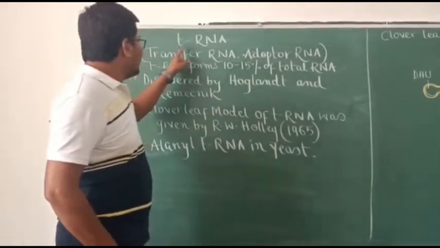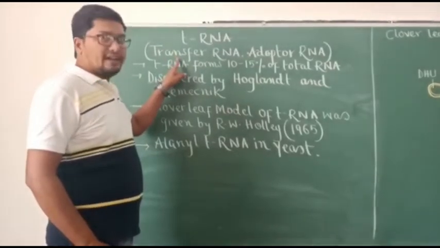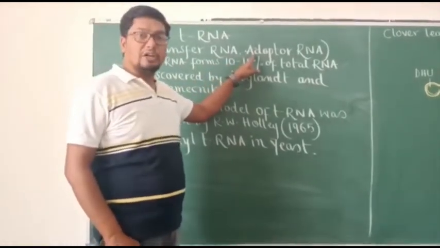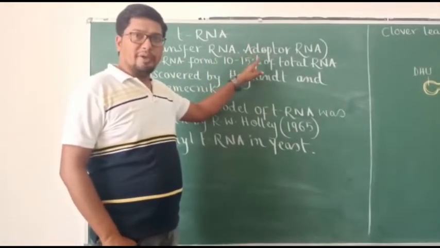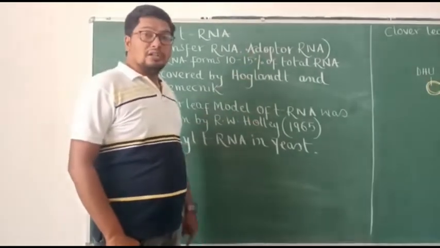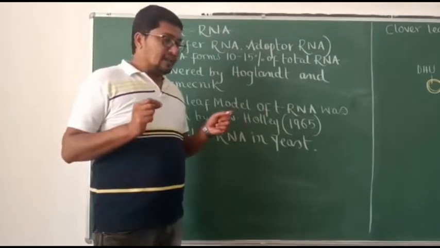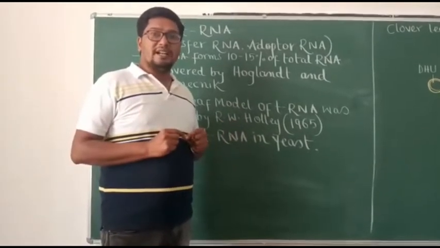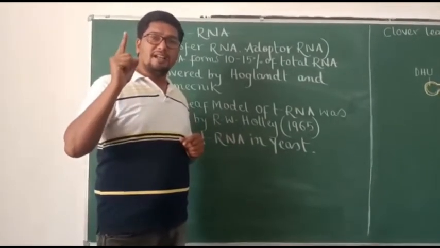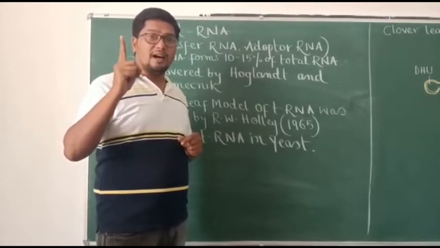So tRNA, T stands for transfer RNA. It is also called adapter RNA, and if you remember, it is also called soluble RNA. In previous class we have studied there are three types of non-genetic RNAs, that is mRNA, tRNA and rRNA.